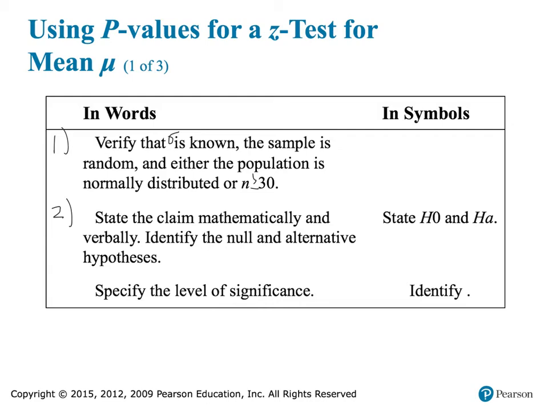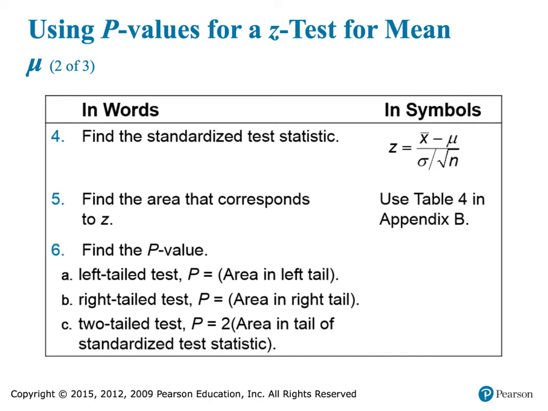That may be in the null or the alternative depending upon the claim, and then identify what the null and alternative hypotheses are. 3, we want to specify a level of significance, alpha, and we will identify alpha based upon how strong we need the evidence to be in order to be able to reject that null hypothesis. Fourth, we want to calculate that standardized test statistic that we just addressed, find out how different our sample mean is from our population mean, and then divide by the standard error.